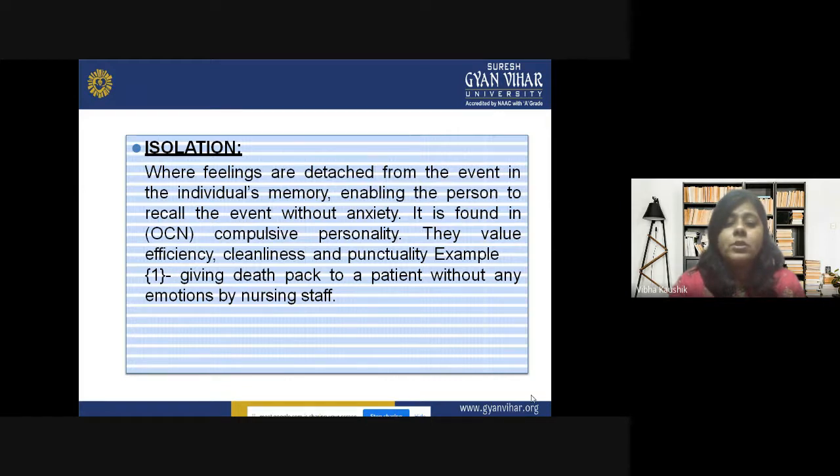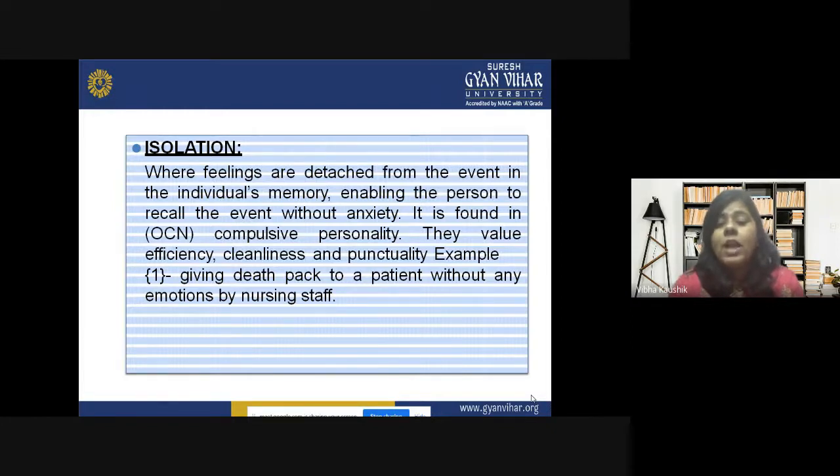Example: first, giving a death pack to a patient without any emotions by nursing staff. Now, what she is doing, she is detaching her feelings from that particular patient.